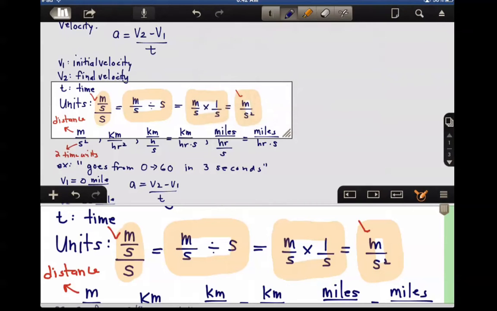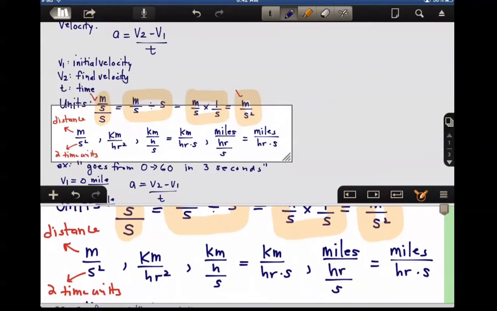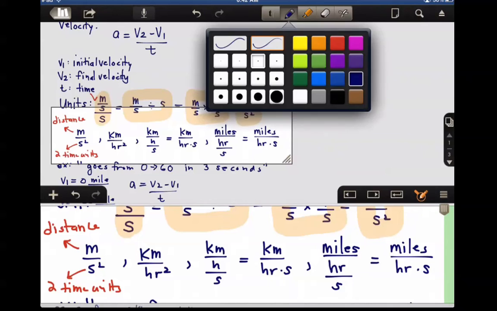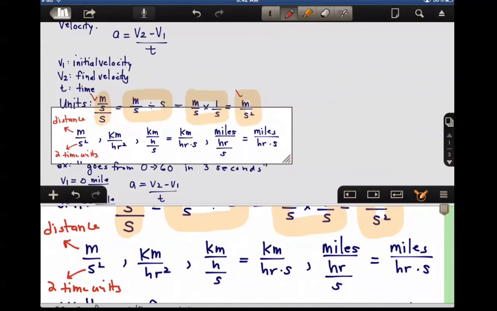So sliding down a little bit more here, I've given you a list of common units for acceleration. Meters per second squared, kilometers per hour squared. Then you get into these next two that are mixed units. And they're mixed because the time value, you'll notice, is in two different units. We have hours and seconds. And normally, we say that's not okay.